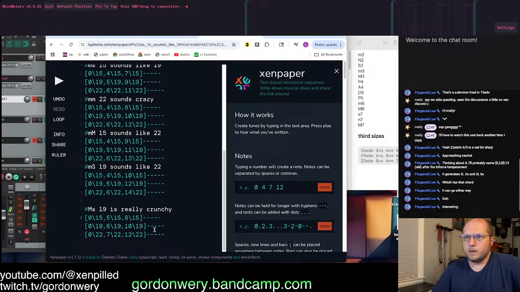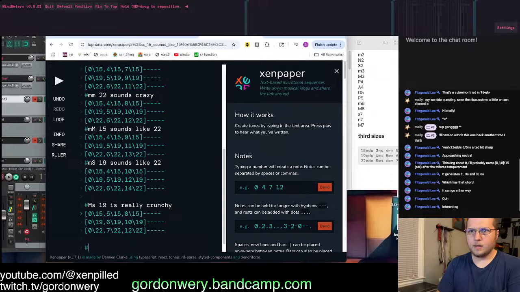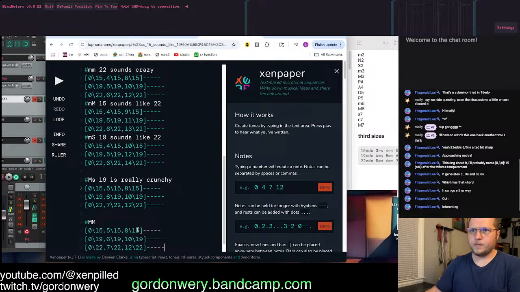Although there's other chords that I'm really excited about as well. But I don't know, it just sounds so good. I don't know what it is. It's a major triad with a down 5. But yeah, it sounds awesome.